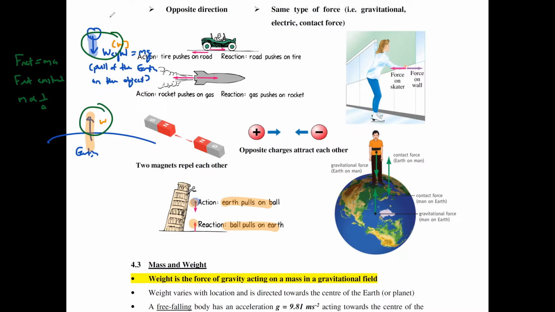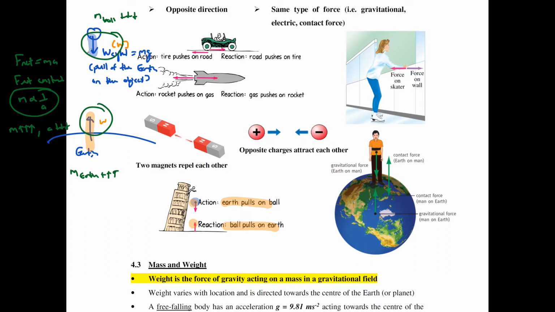Now, the mass of the ball is very small, but the mass of the Earth is very large. So from this relation, if I apply the mass of the Earth to this equation, because the mass of the Earth is very large, the acceleration of the Earth is very small.